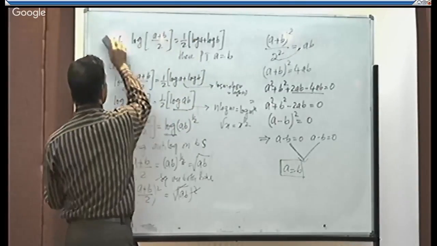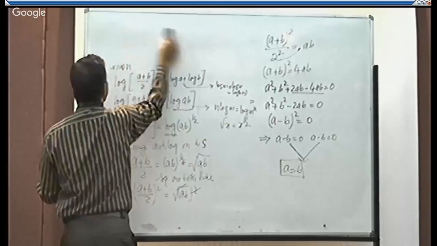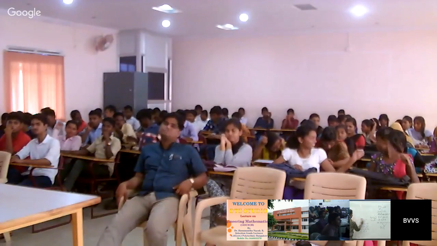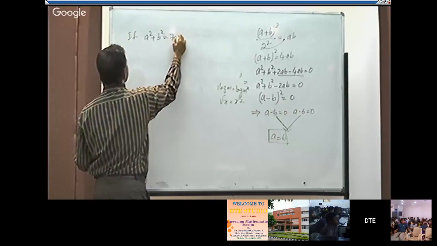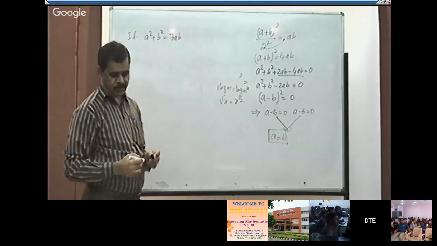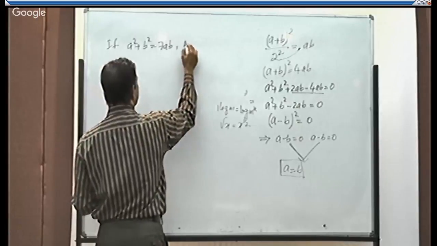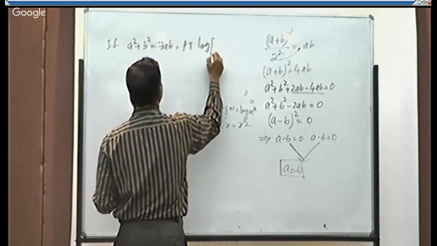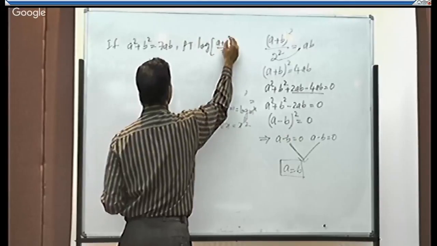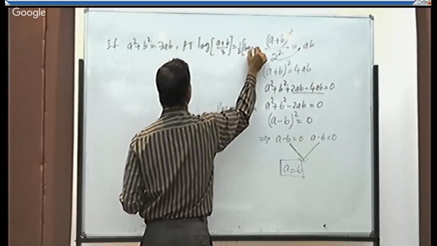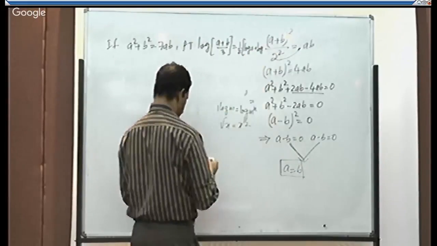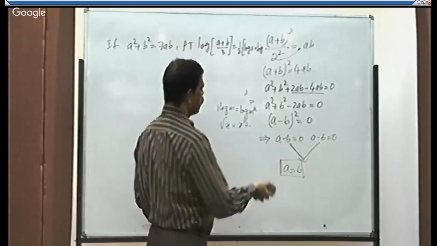I am taking such a problem. If a square plus b square is equal to 7ab, I am taking an algebraic equation. With this, we need to prove that log of (a plus b) divided by 3 is equal to 1 by 2 into (log of a plus log of b).